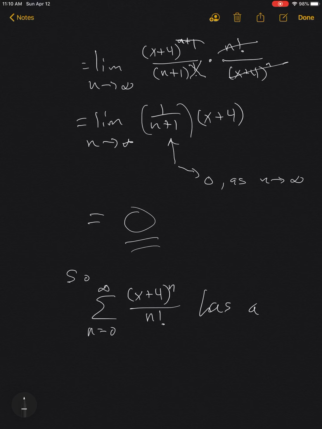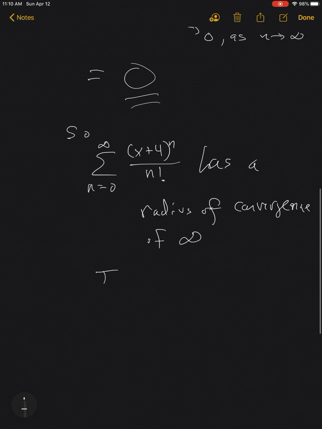It has a radius of convergence of infinity, and so the interval of convergence is the entire real line.